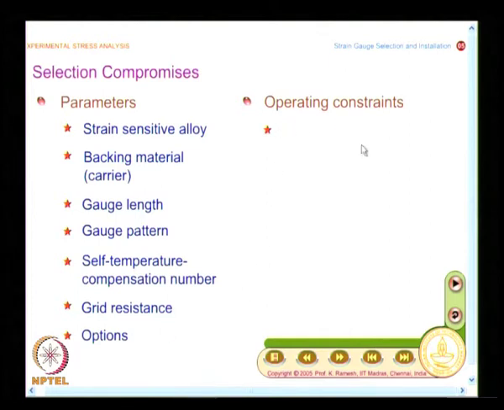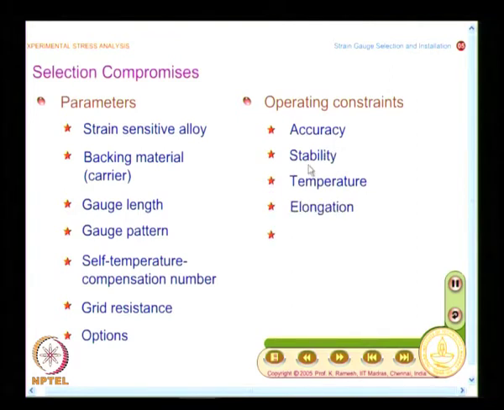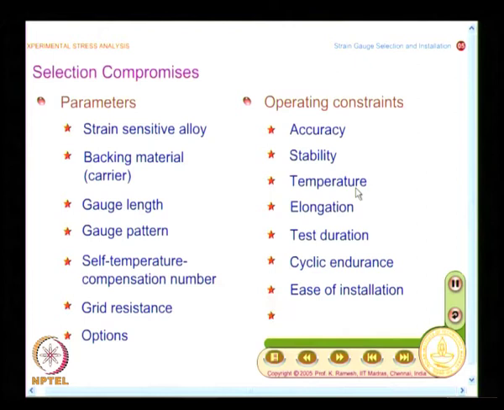And let us look at what are the operating constraints. So, we have to focus on accuracy, the measurement should be stable for long durations of time, and at what temperature I need to make the strain gauge measurement, and what is the level of strain I am looking at, that is dictated by the elongation, and the test duration.